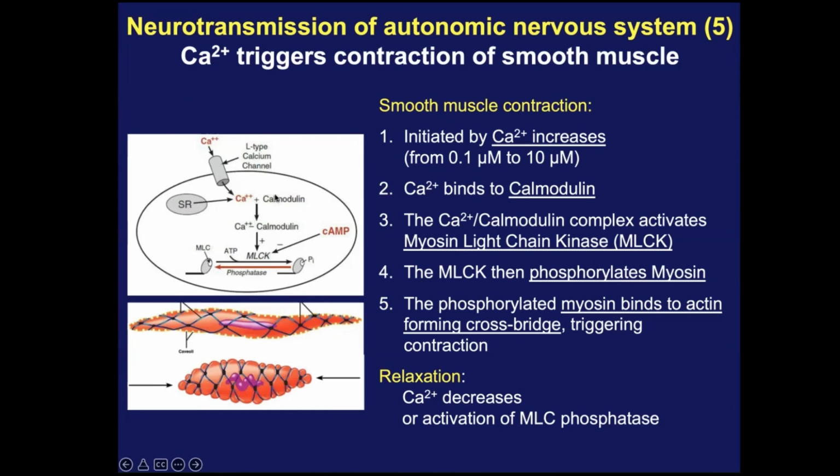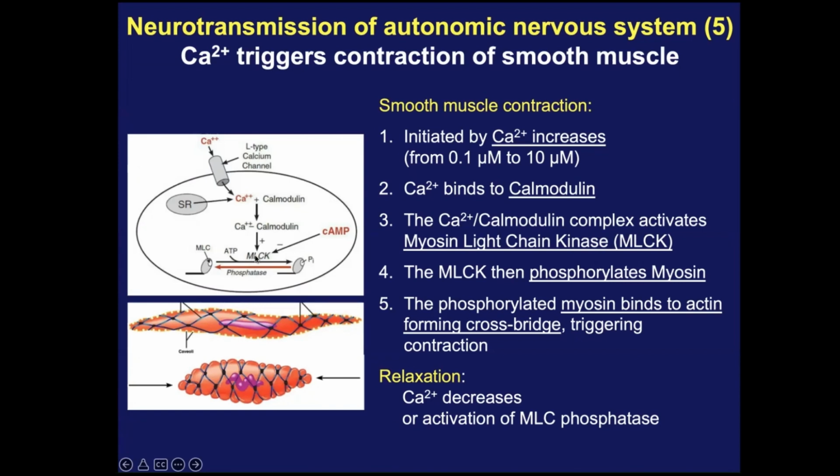In the second step, the calcium binds to a protein in the cell called calmodulin. And the calcium-calmodulin complex will stimulate an enzyme called MLCK. The full name is myosin light chain kinase.